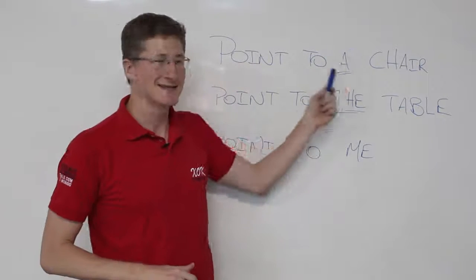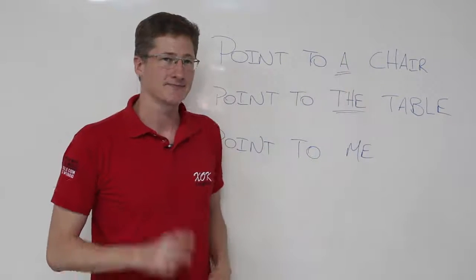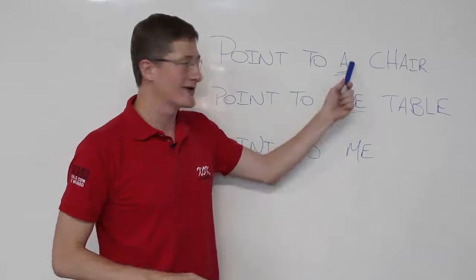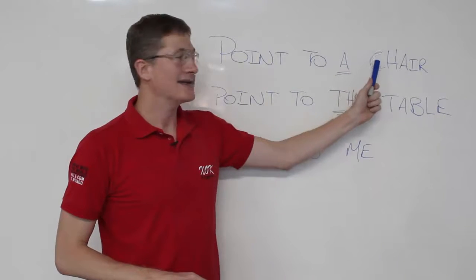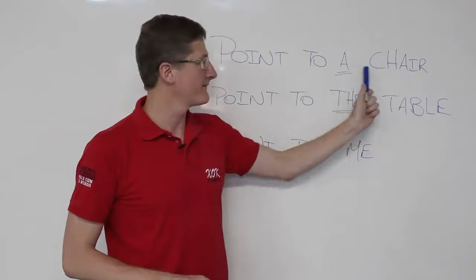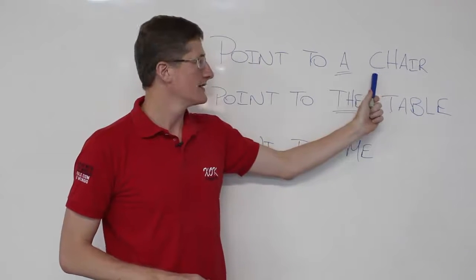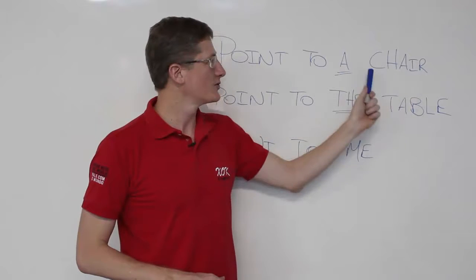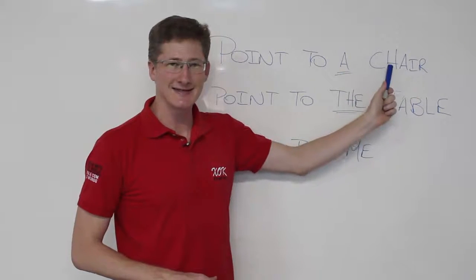Okay? This is indefinite. Sometimes you see it with an N, and that's when we have a vowel instead of a consonant as the first letter of this word. So here we have the word chair, which starts with the letter C. It's a consonant.